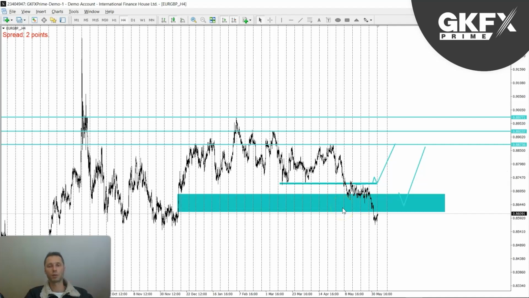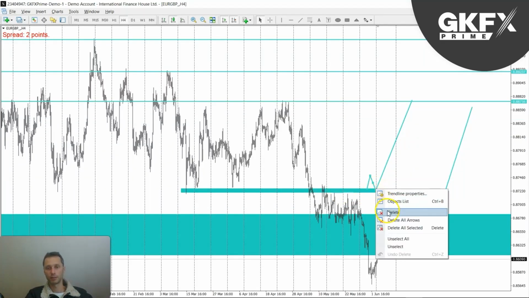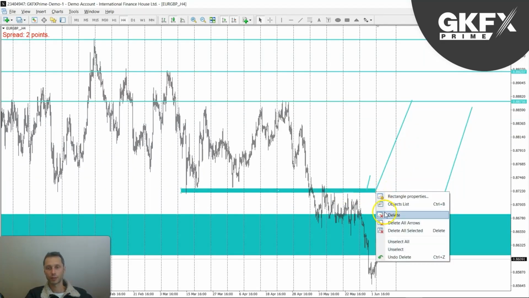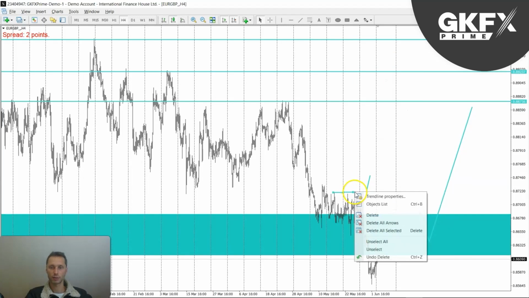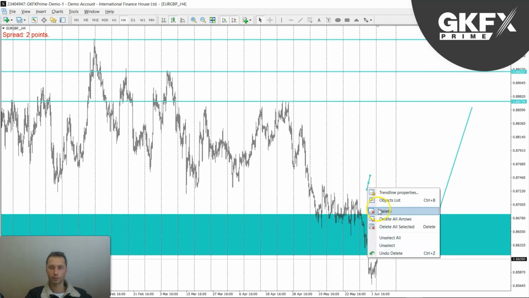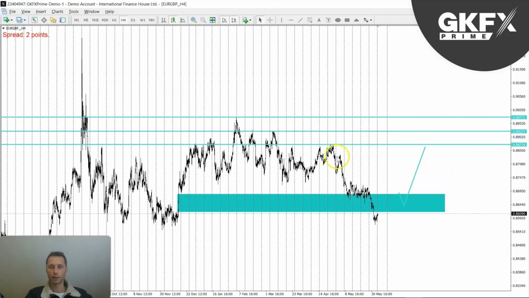Now, what does that signify? Let's delete these old markings which are not relevant at the moment. Now let's have a think. So we have marked this area up here as the point for the market to reach into.